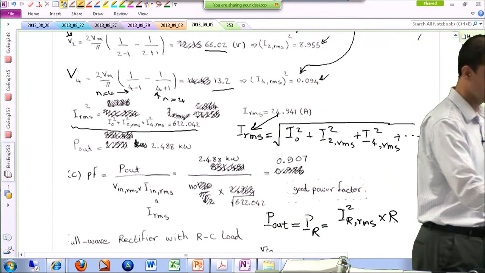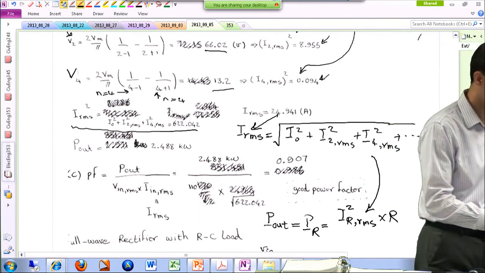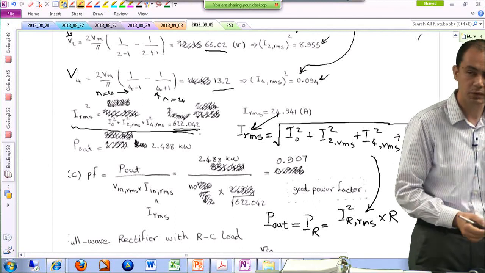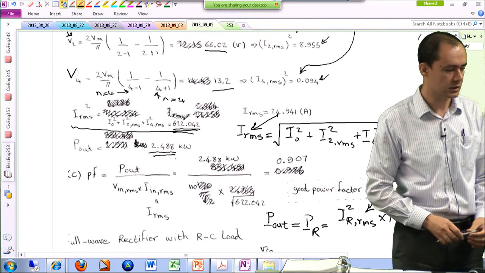And we already have the RMS value of the current from here. So that's why we were actually finding it. Actually, I even have 622, which is the square value of the RMS current. Just have to multiply this by R, which was 4. So your power turns out to be 2.488 kilowatts.